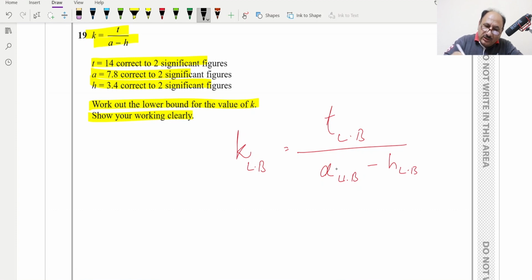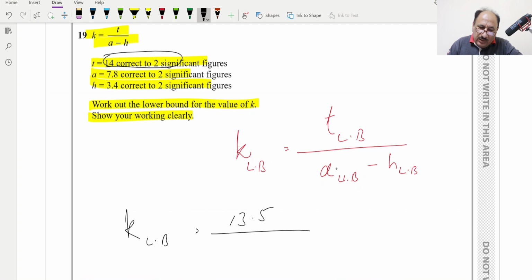Now we can write k lower bound will be equal to, the lower bound of t is 14 correct to two significant figures, so it will be 13.5, divided by the upper bound of a, which will be 7.85, minus the lower bound of h, which will be 3.35.